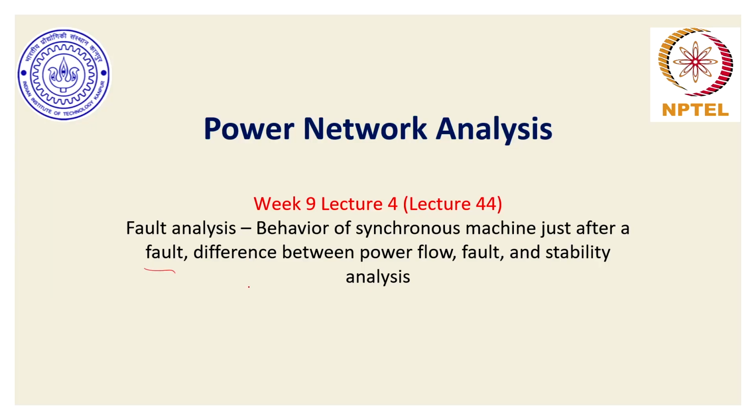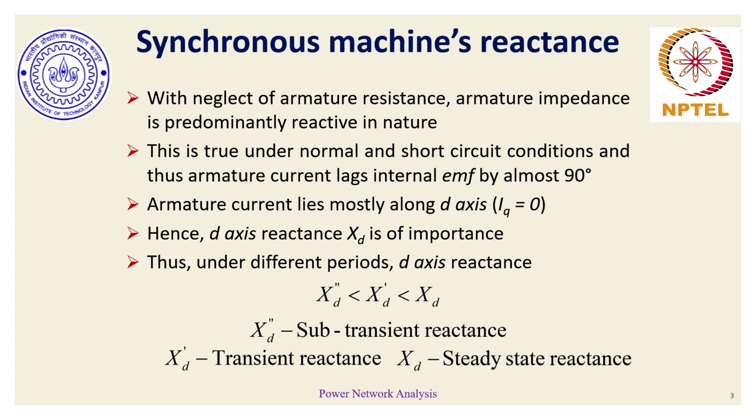Assuming that we had understood the synchronous machine parameters variation, we'll discuss that particular assumption, why it happens from the machine armature currents perspective just after a fault, in today's discussion.